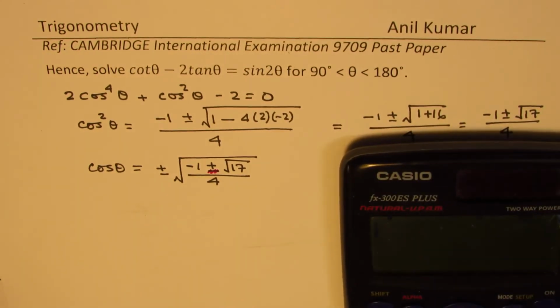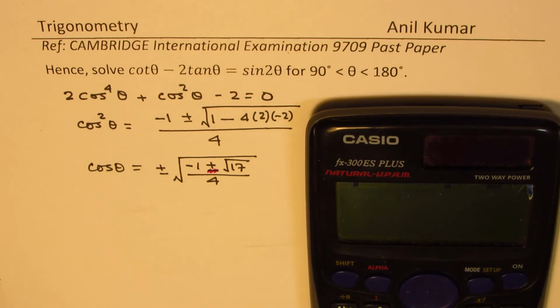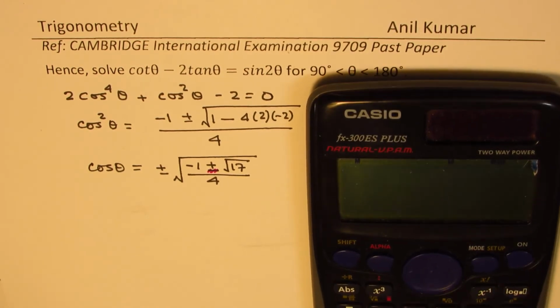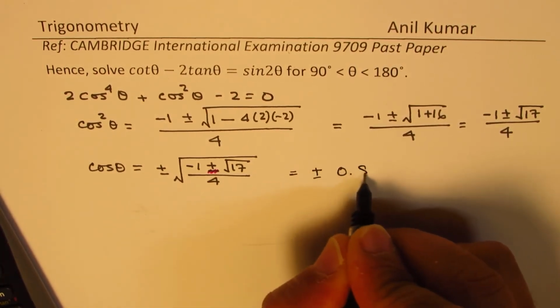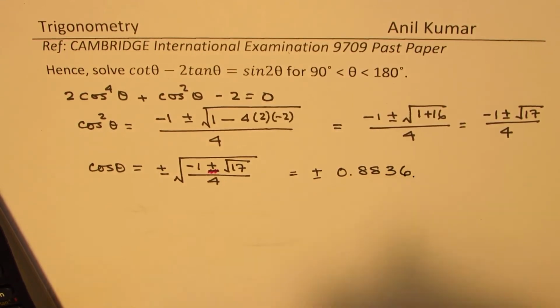Let's use the calculator to find this answer. It should be in degrees, so we'll just set up in degrees. And what we're trying to figure out is square root of, let me write within brackets, minus 1 plus square root 17, bracket close, divide by 4 equals to 0.8836. So we get this as plus minus 0.8836.